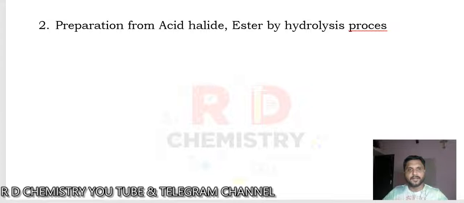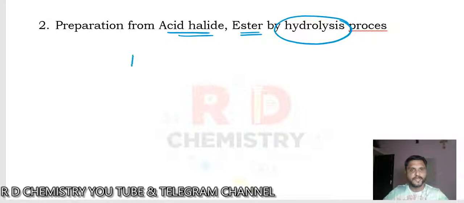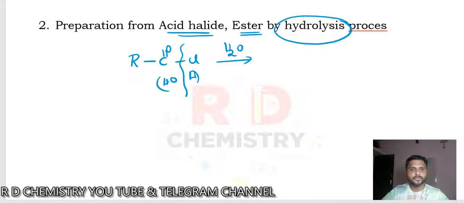Preparations can be done from acid halides and esters by the process known as hydrolysis. Acid halide is like acid chloride, say RCOCl. In the presence of water molecule, acid medium or basic medium, let me write in terms of water. Break this carbon-chlorine bond into two parts, H and OH of the water molecule can be added to give RCOOH plus hydrochloric acid.